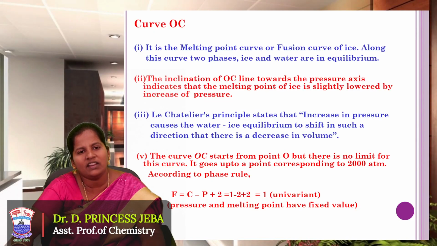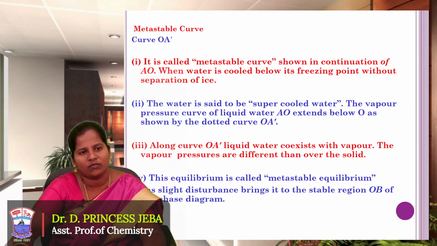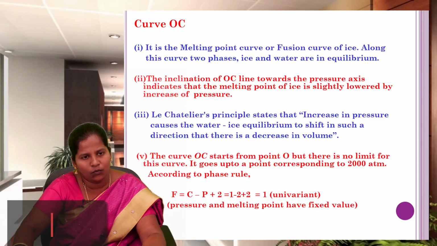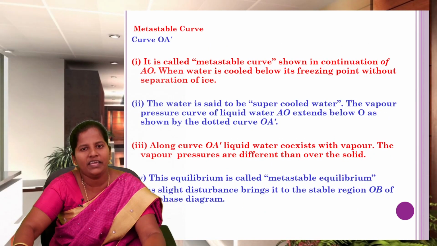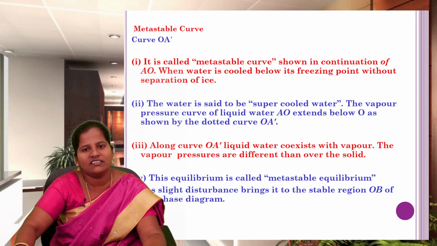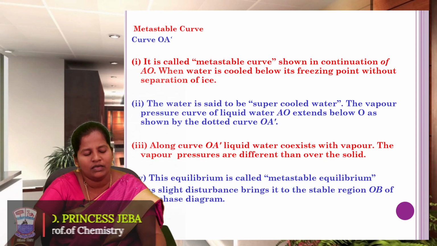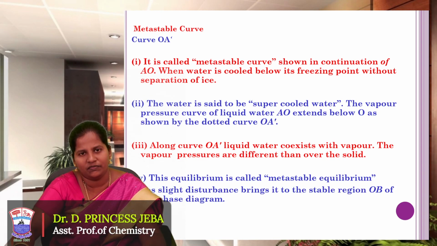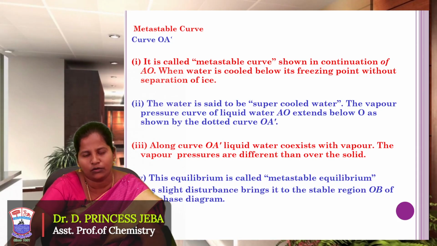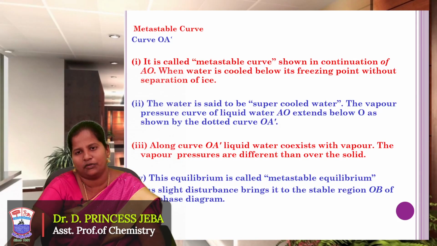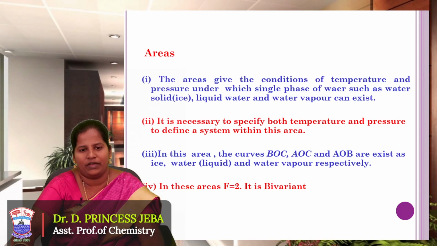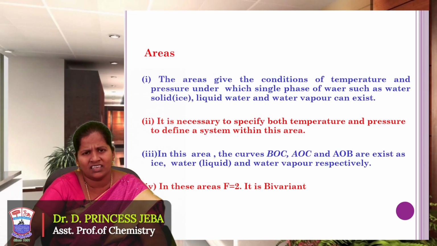Along all these curves, we have two phases. If it is the freezing point curve, then you have two phases, solid and liquid. If it is the boiling point curve, you have two phases, liquid and vapor. If it is the sublimation curve, you have two phases, solid and vapor. So along the curves, P is equal to 2.